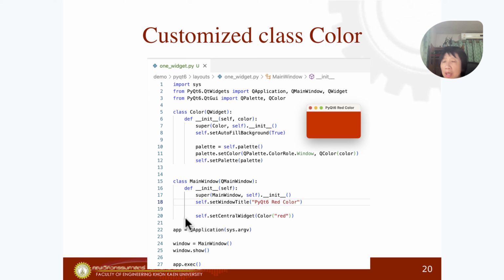So here, after we set the window title, we call the method setCentralWidget and provide the argument color. This will update the color of the window here.